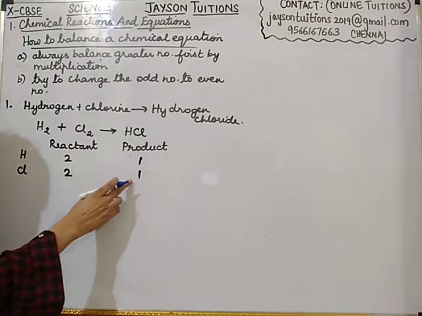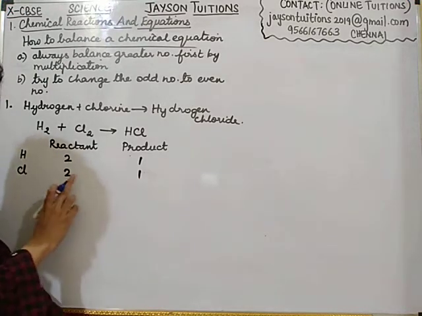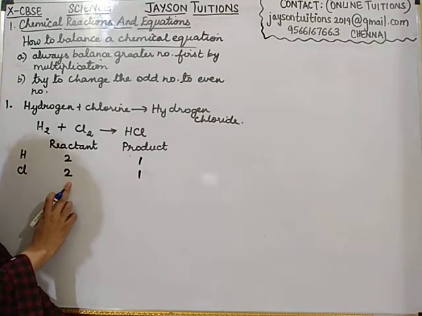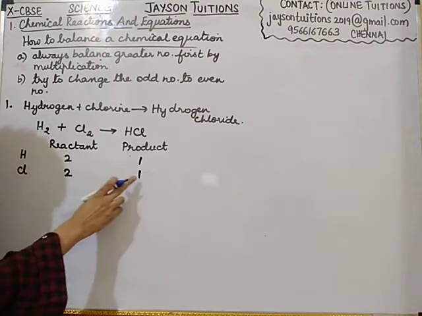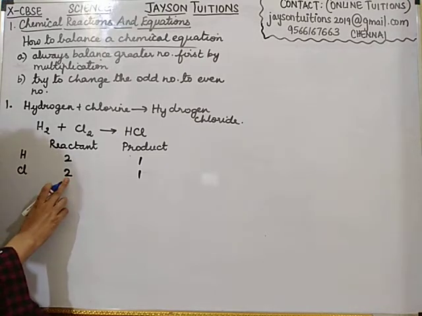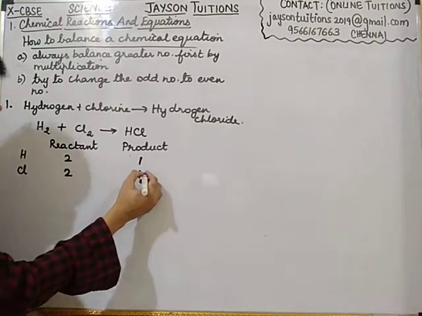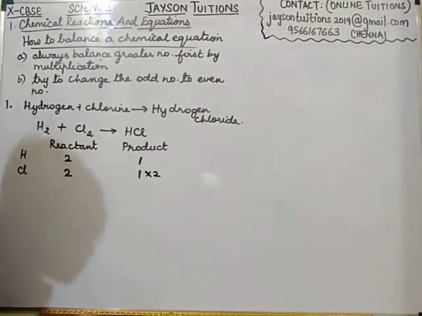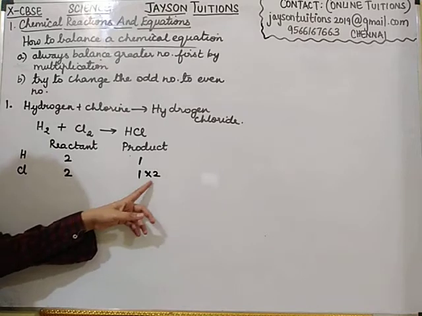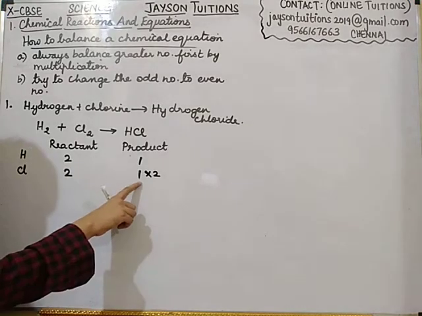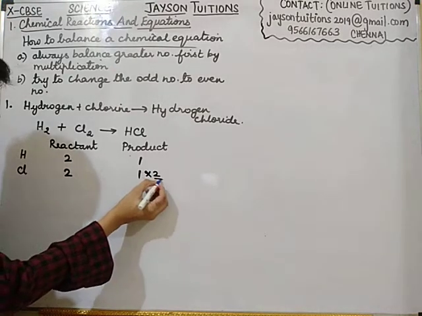Can you change this 1 into 2 by multiplication? Yes, you can change this 1 into 2 by multiplication. If you multiply this 1 by 2, it will change into 2. So where do I have to write this number 2?